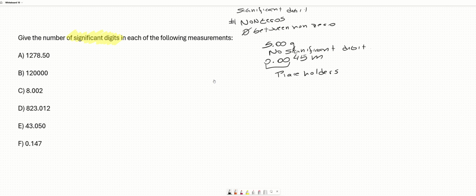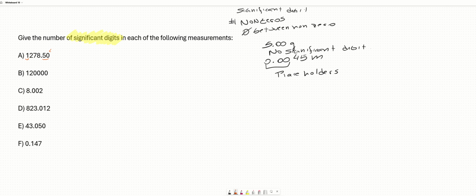Let's practice so we can remember all the rules. Look at this first example. How many significant figures or significant digits do we have here? Let's count. We have a decimal, and this is after a non-zero number, so that will be counted.